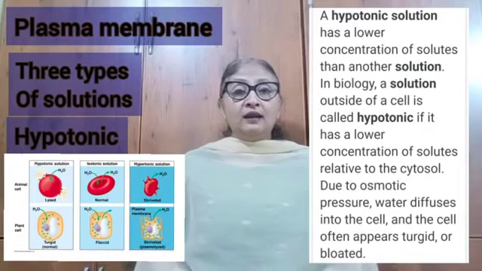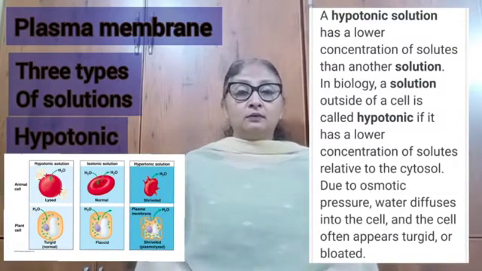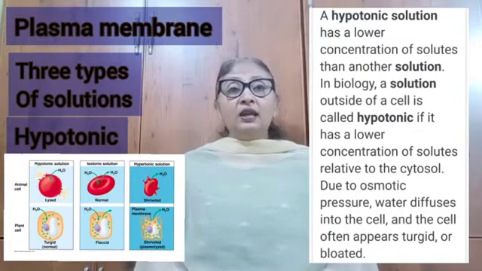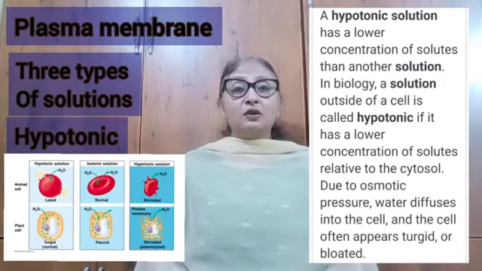The solution has more solvent and less solute. Therefore, the water molecules move from outside to inside. This is known as endosmosis, and this type of solution is known as hypotonic solution.